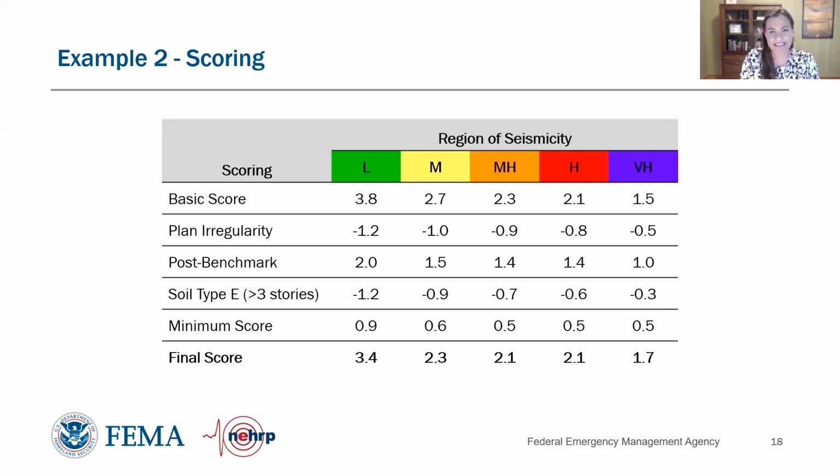It doesn't mean that it's going to collapse. It just means that it doesn't get screened out of the pot of buildings that we might be concerned about. So in that respect, it's appropriate, since it's on very poor soil and it's got a plan irregularity. And so we don't want to say it's okay no matter what.